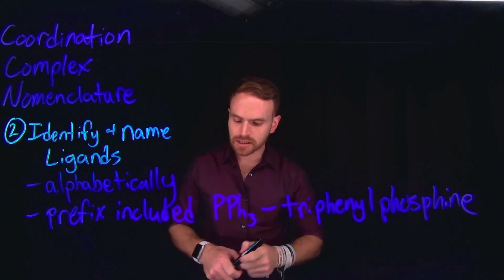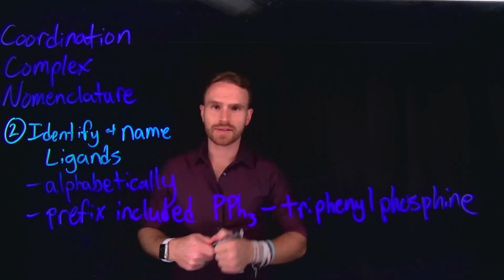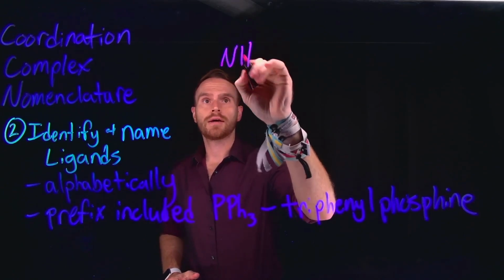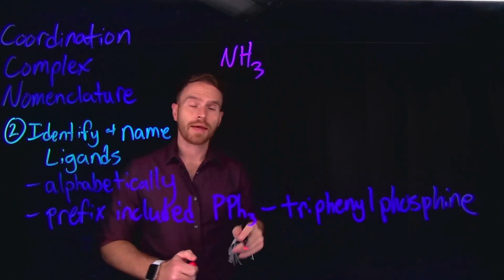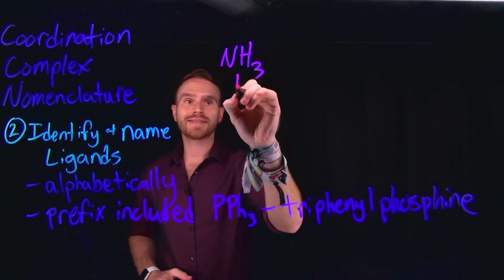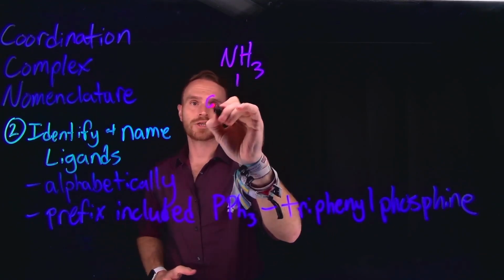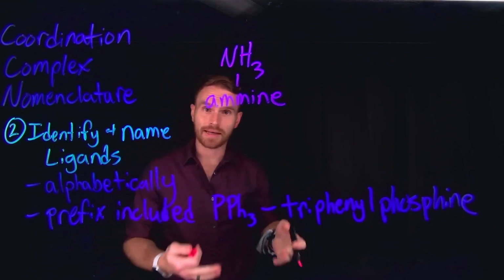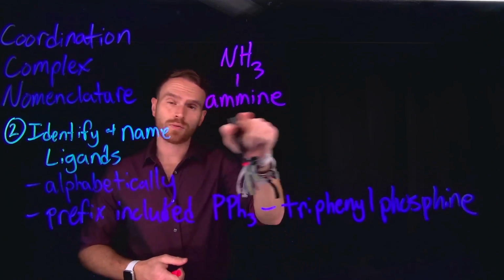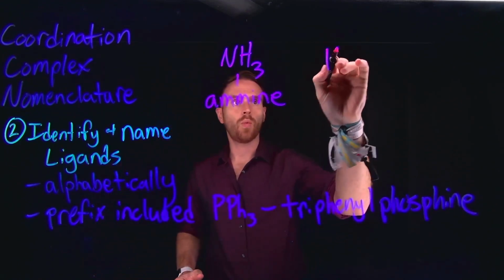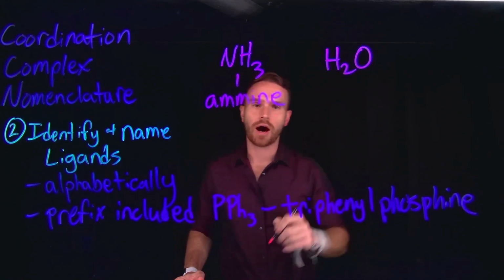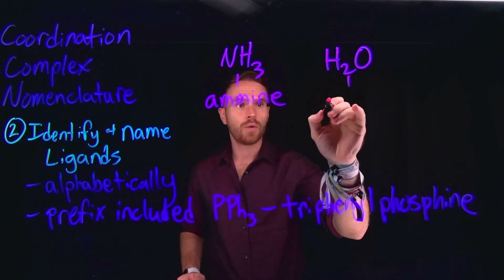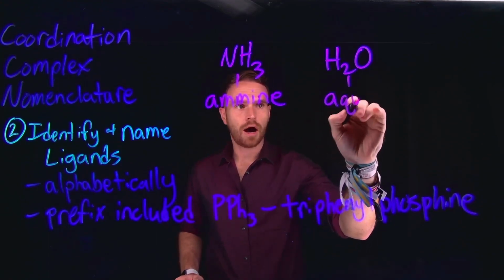Some other common examples of ligands that we're going to encounter in our class and in others are things like NH3. Now this is ammonia, however, as a ligand, because it's so common, it actually gets its own unique name. It's called an amine ligand. This is an amine with 2 M's. Water is also another very common ligand for coordination compounds. And rather than naming it water, we actually call it aquo.